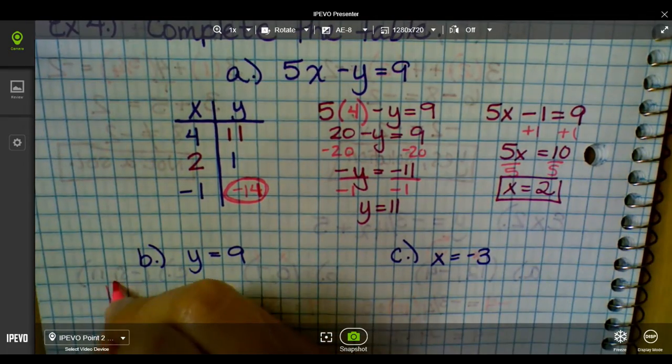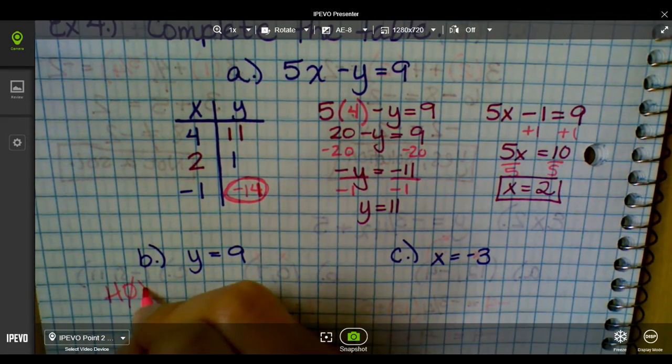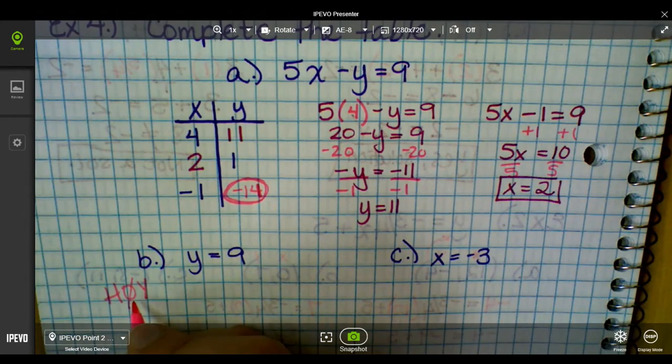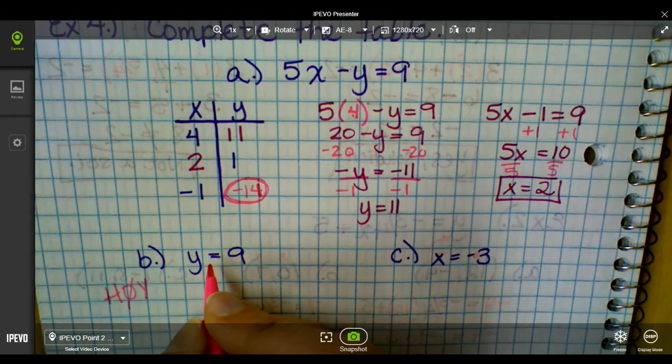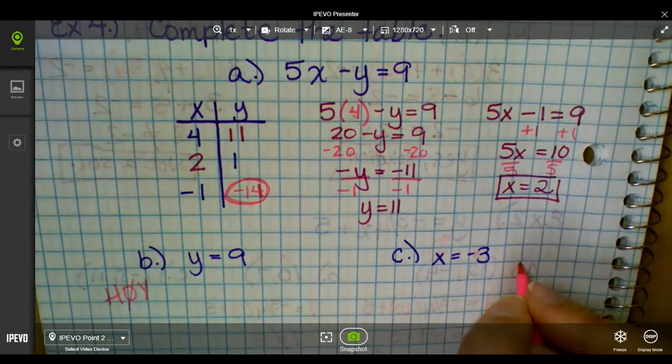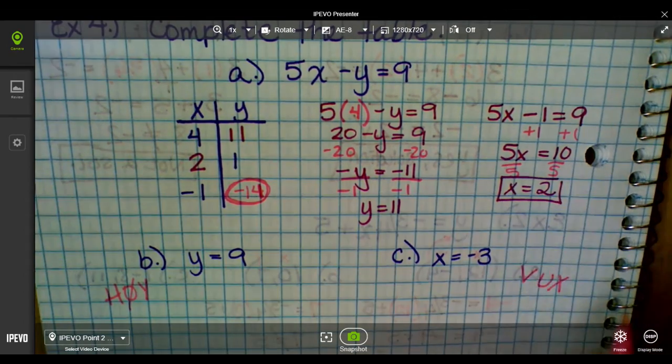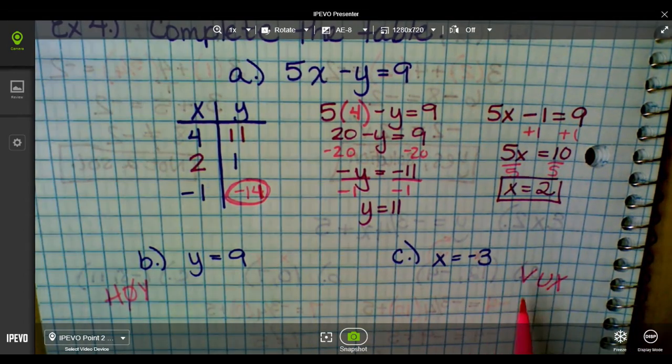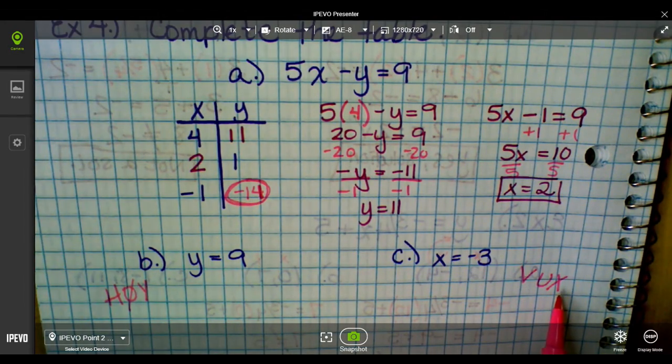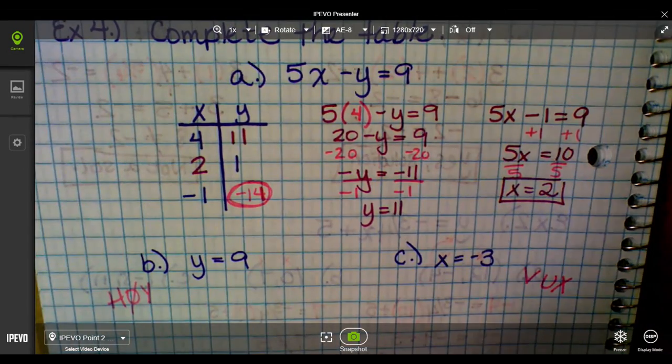So obviously the y is going to be the HOY, which means that this is a horizontal line with a 0 slope and a y equals equation, or the line goes through the y-axis. This guy is going to be your BUCKS, a vertical line with an undefined slope, and it has an x equals equation, or it goes through the x-axis because it's a vertical line.